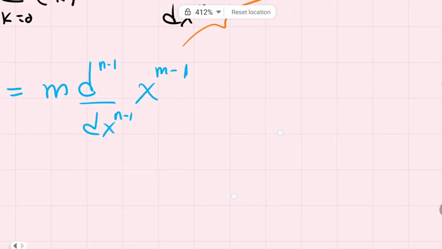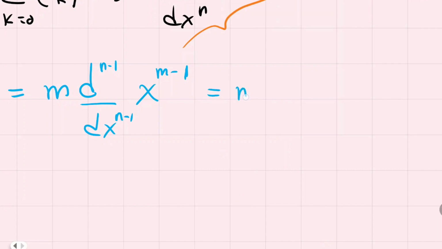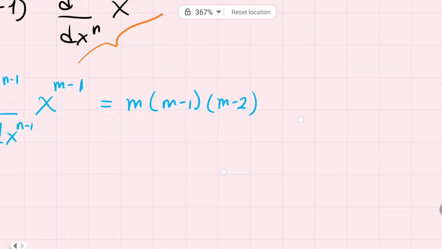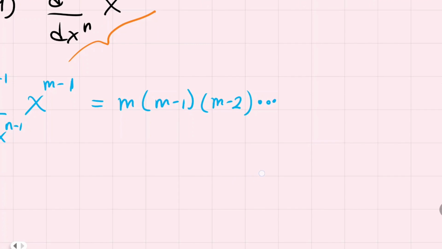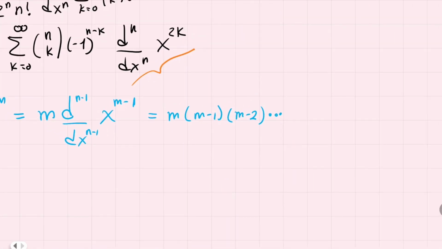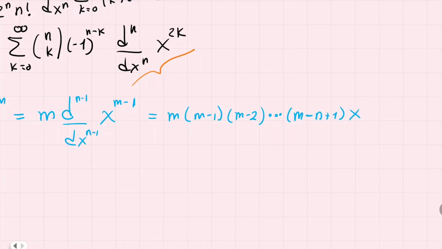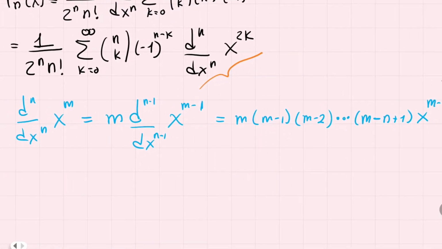Okay, so we are going to get that this is, for example, m times m minus 1 times m minus 2 all the way up to m minus n plus 1 times x to the m minus n. Look, because we are taking n derivatives, we need to subtract n times 1 in this exponent.